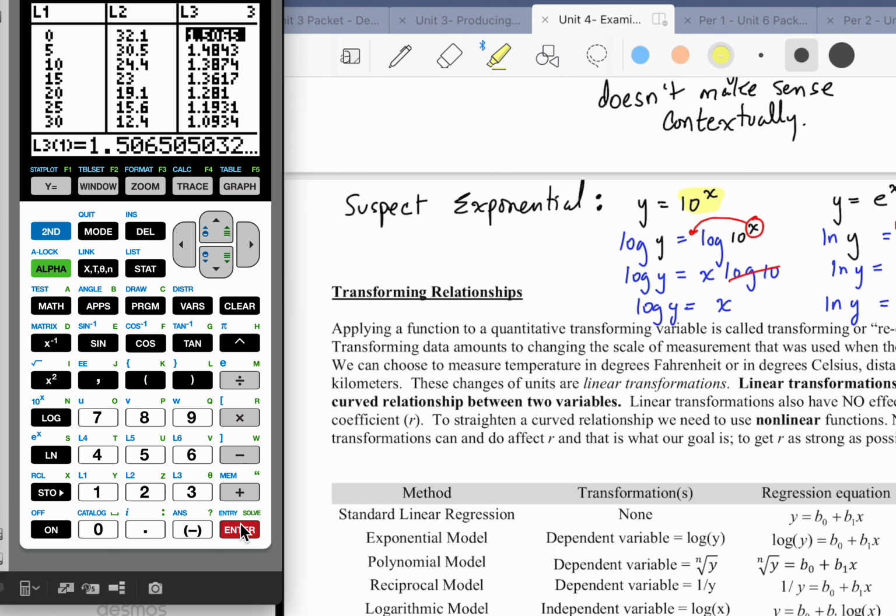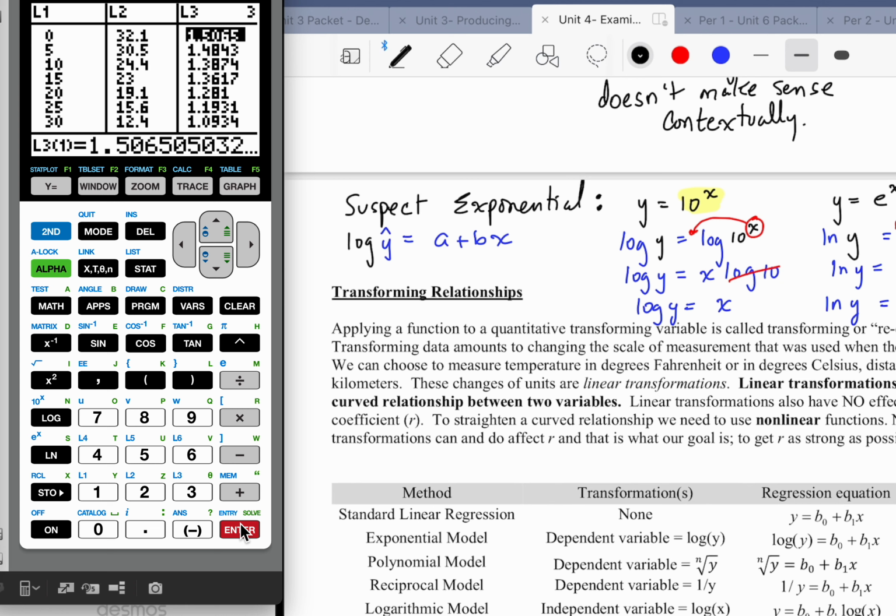Under normal circumstances, it would be y hat is equal to a plus bx. But not that. It's really the log of y is equal to a plus bx. That would be the exponential transformation. And that's what I mean by, in the column below where it says transformations, dependent variable is log of y. That's where the log of y is coming from.